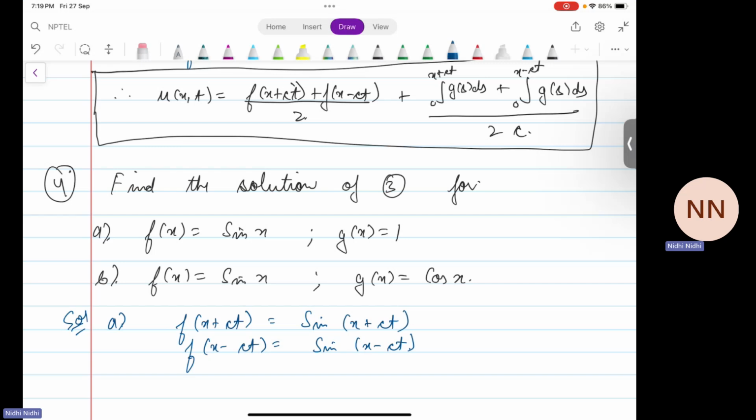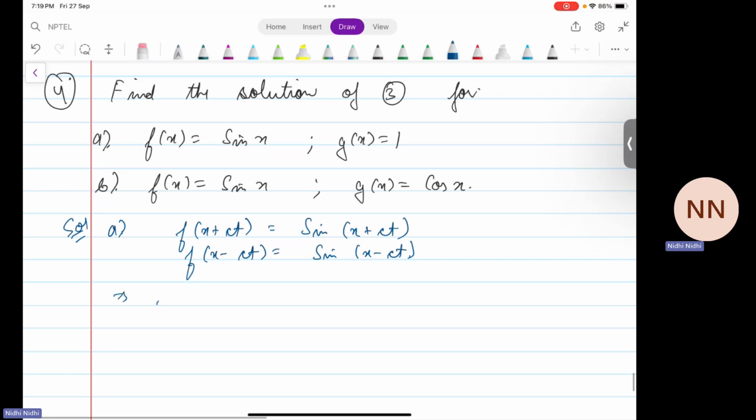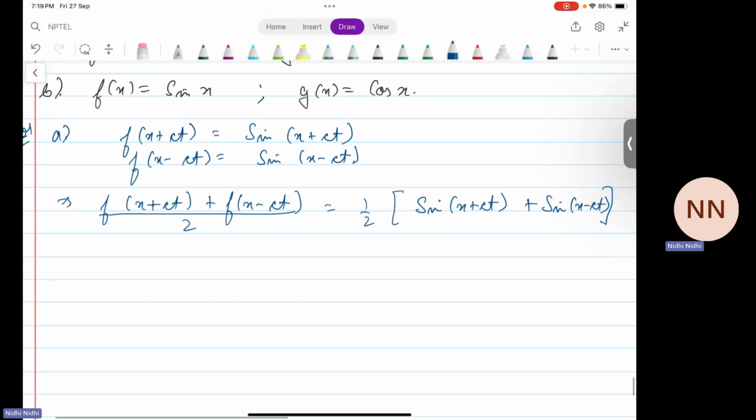So here we'll have to use basic trigonometric identities. So this gives us fx plus ct plus fx minus ct by 2 is equal to 1 by 2 sin x plus ct plus sin x minus ct. We know that sin a plus sin b is 2 sin a plus b by 2 times cos a minus b by 2.